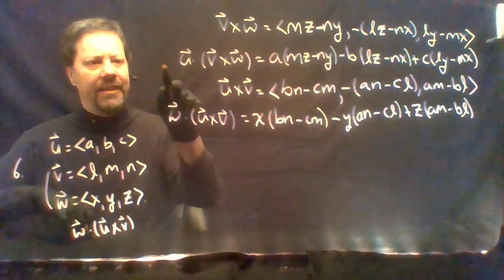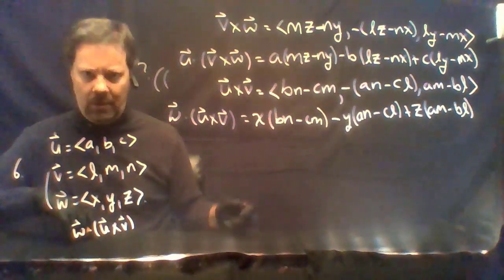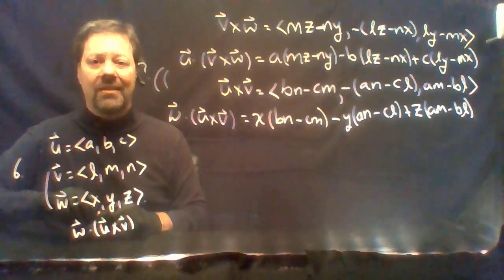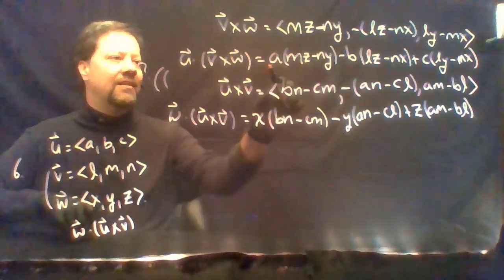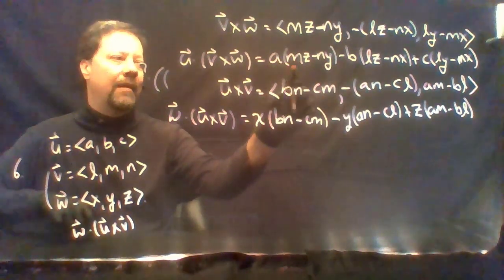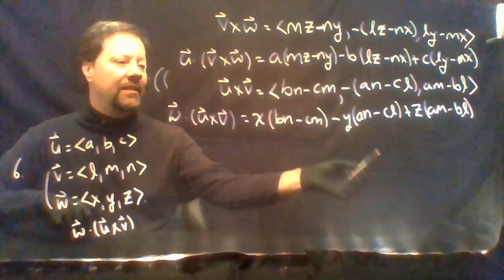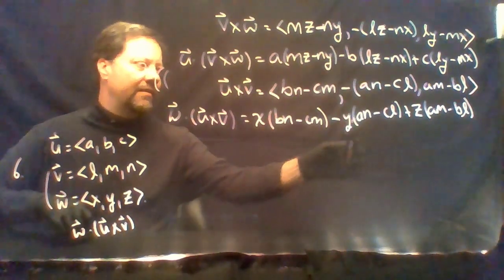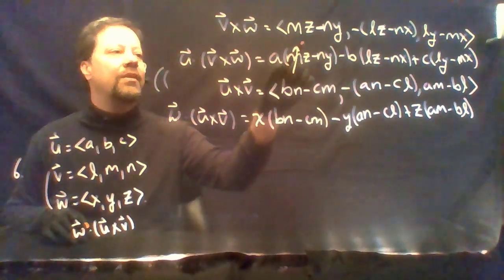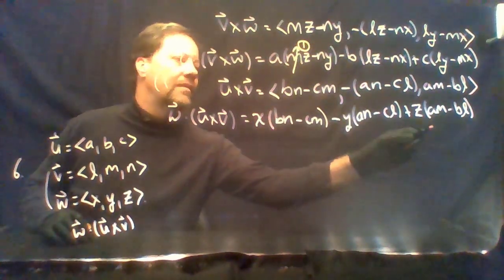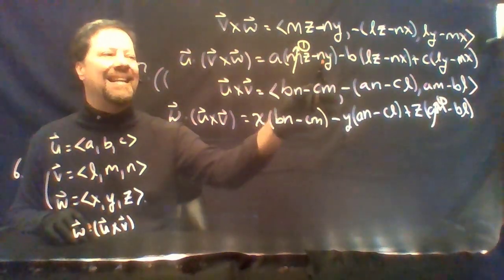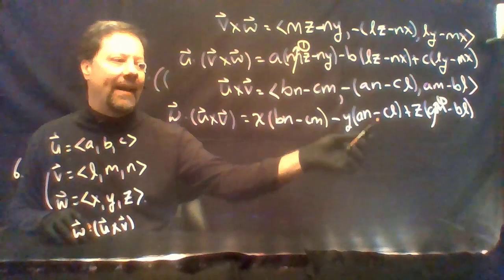So the question we have is, are these equal? To test whether or not they're equal, we'll have to match like terms. We have, when we distribute, AMZ, A times M times Z. Does that appear over here? Yes, A times M times Z. So this term will match this term. We have a minus ANY.